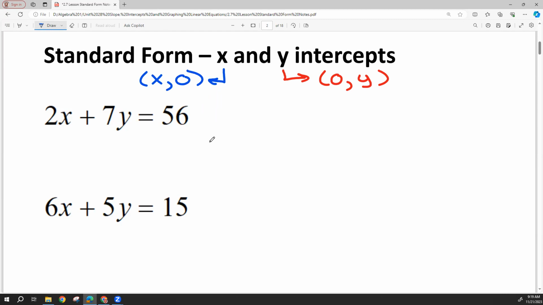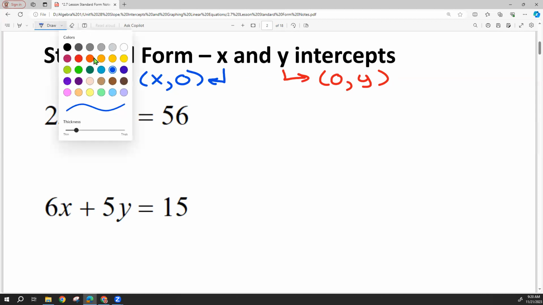And so if we want to use the standard form of the equation to find the x and the y intercepts, we can plug in 0 for y to find the x-intercept, and then we can plug in 0 for x to find the y-intercept. To do that more simply, I'm actually going to rewrite this equation.